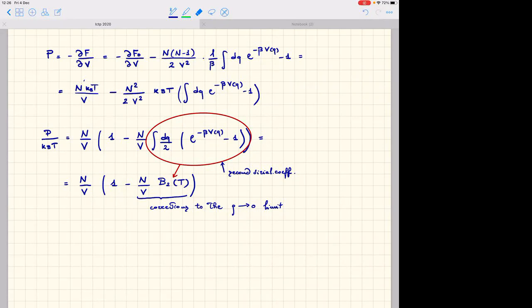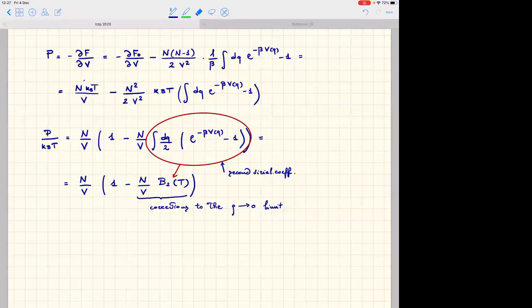So this is the first correction to an infinitely low density gas. It's the first correction to the limit for the density that goes to 0. So the limit for super low density is the ideal gas, and this is the first correction to the ideal gas.